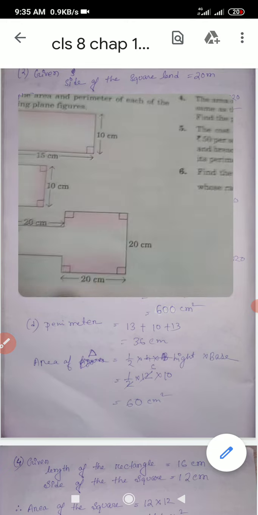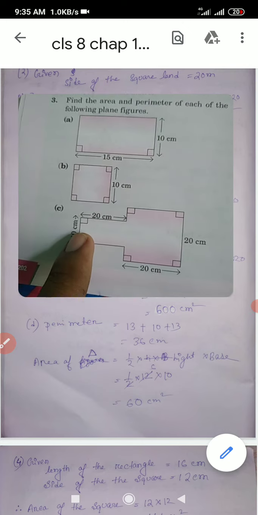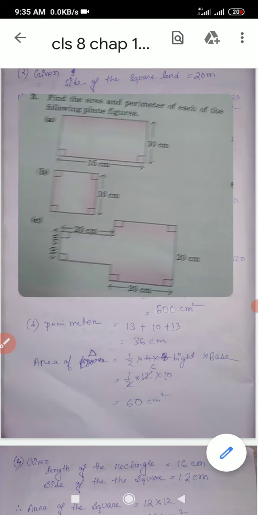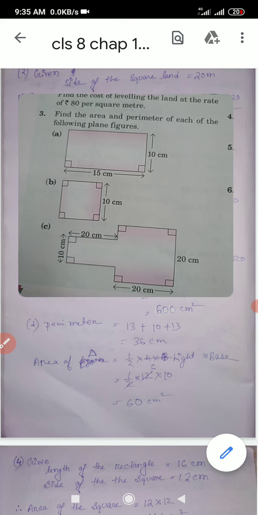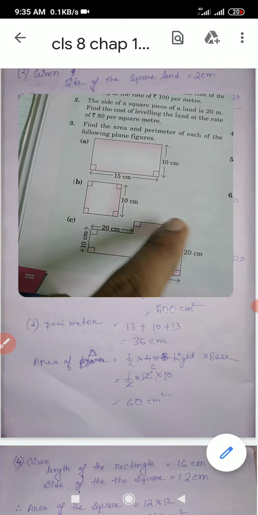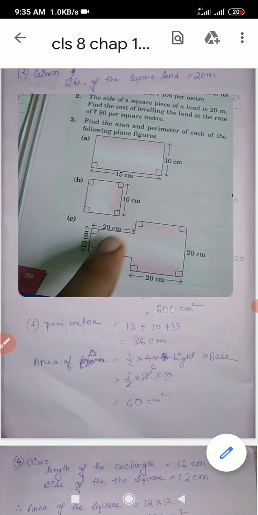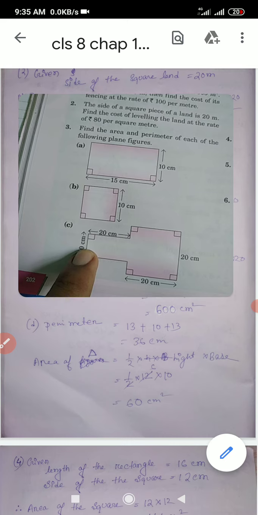This part looks like a square, and from this point to this point it is a rectangle. So add the areas of the rectangle and the square. Here we will use 20 into 20 to get the area of the square, and here we know 20 into 10 is the area of the rectangle.